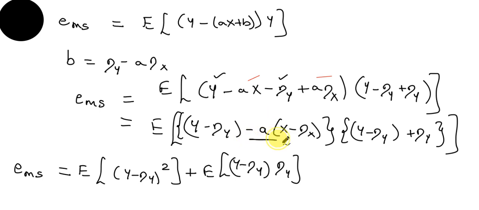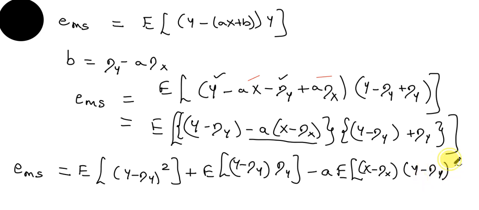Now I will take this minus a term. Minus a is a constant, it comes outside. Minus a expectation of x minus eta x into y minus eta y.